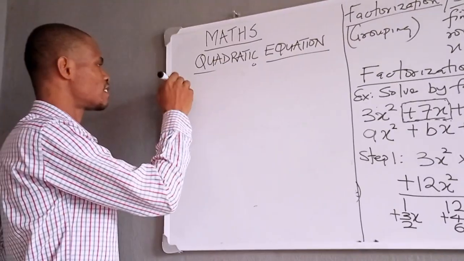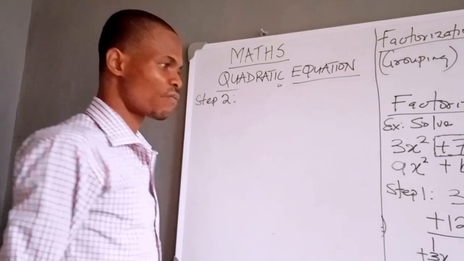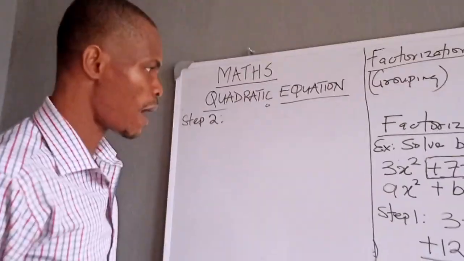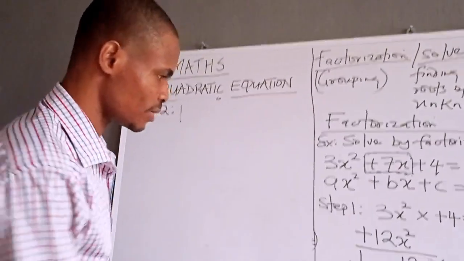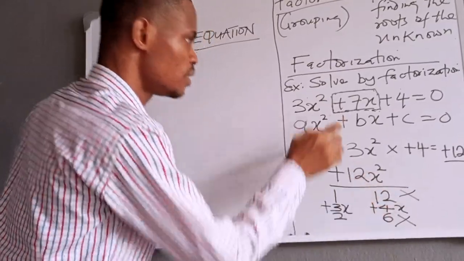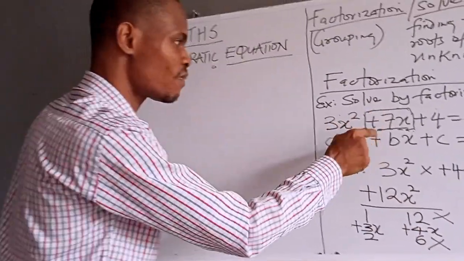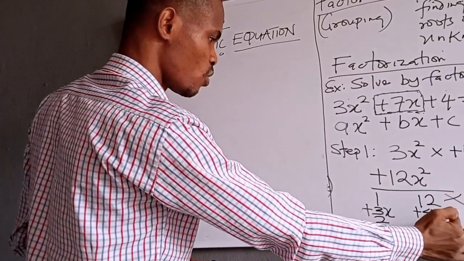Now we move to the next step. After I have figured out the first step, the two numbers, I'm going to replace these terms into the equation. So wherever I see plus 7x, I'm going to be using plus 3x and plus 4x.